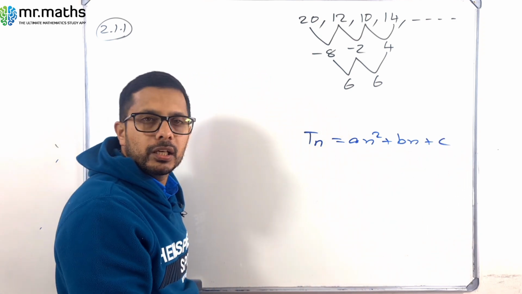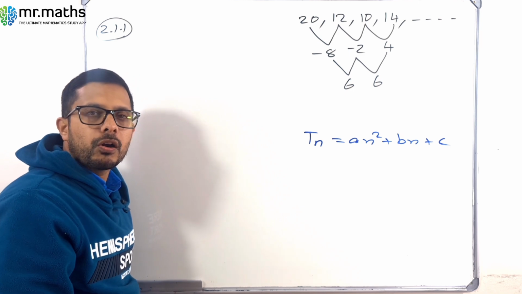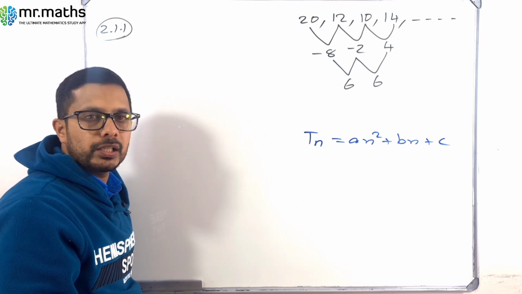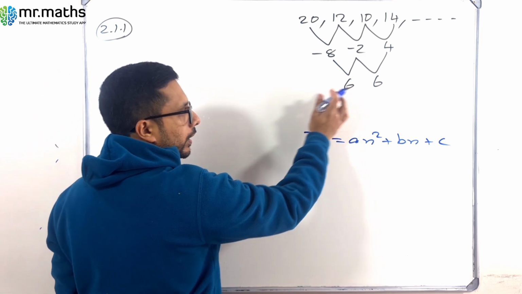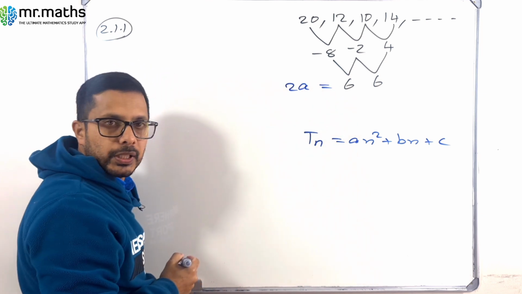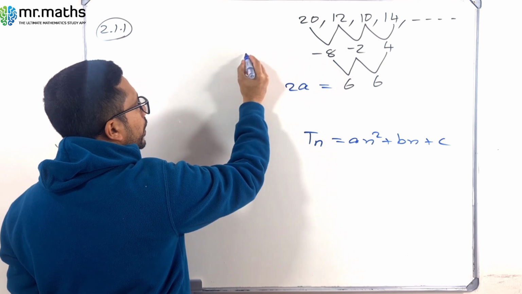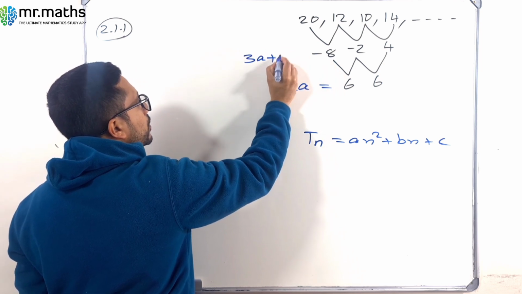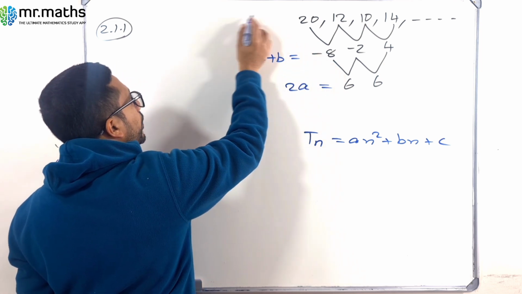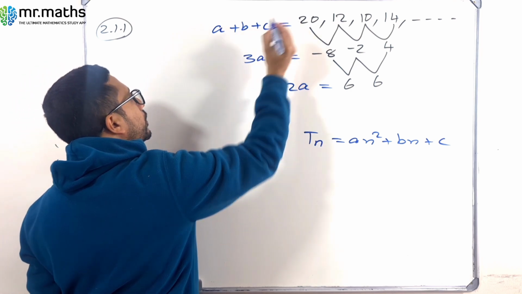And here we have to find the values of a, b and c. So how can we find the values of a, b and c? We have to call the second difference 2a. I hope you know this method now. Second difference as 2a, then the first difference 3a plus b, and the given sequence a plus b plus c.